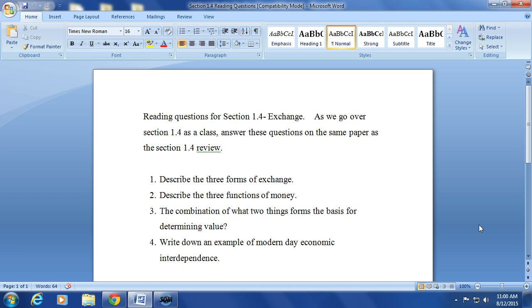And if you turn the page and go to page 16, you will see the third form of exchange, which is credit. That allows consumers to use items for completing payment for the merchandise. Basically, it means that you can buy it today and you can pay for it later. That is what credit is.